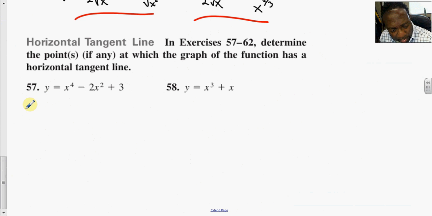We understand here that setting y prime equal to 0 denotes that the derivative has a horizontal tangent line at the value of x.